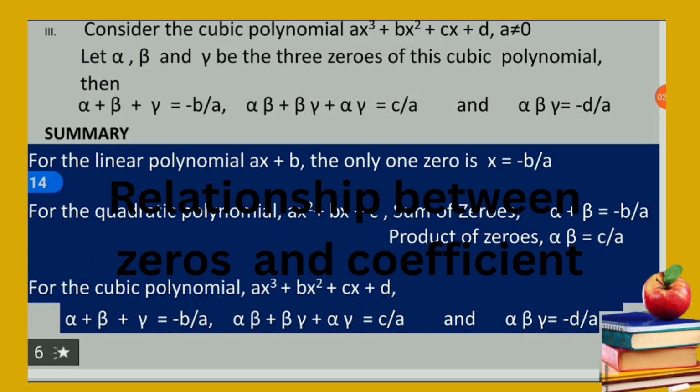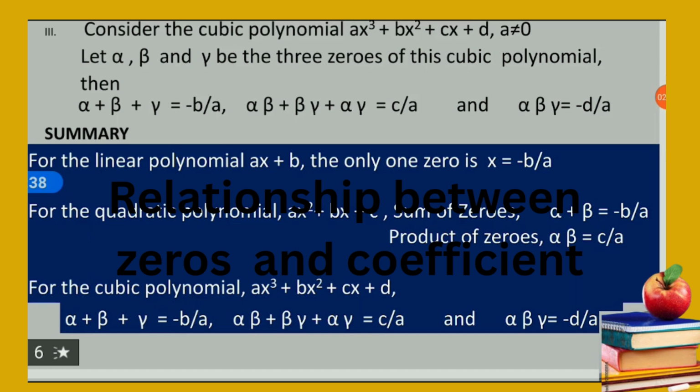In general, we can say that for a linear polynomial ax + b, the zero is −b/a. For a quadratic polynomial ax² + bx + c, the sum of zeros alpha + beta is equal to −b/a, and the product of zeros alpha beta is equal to c/a.